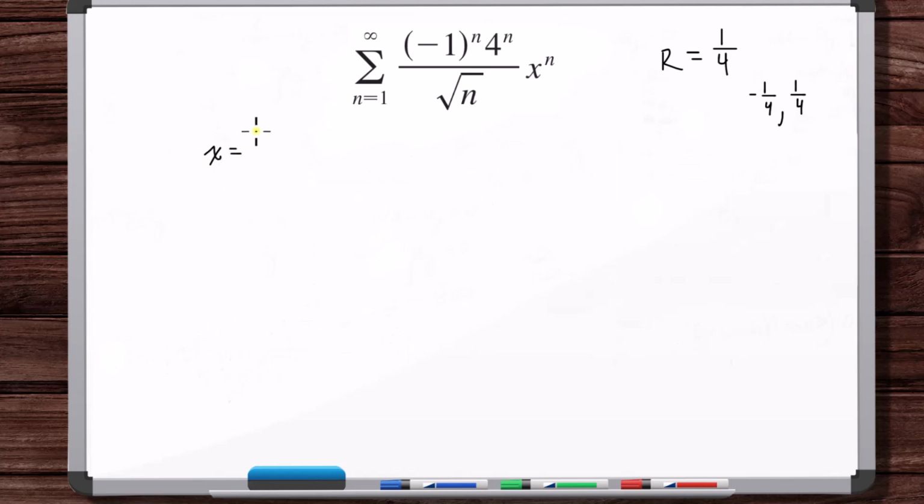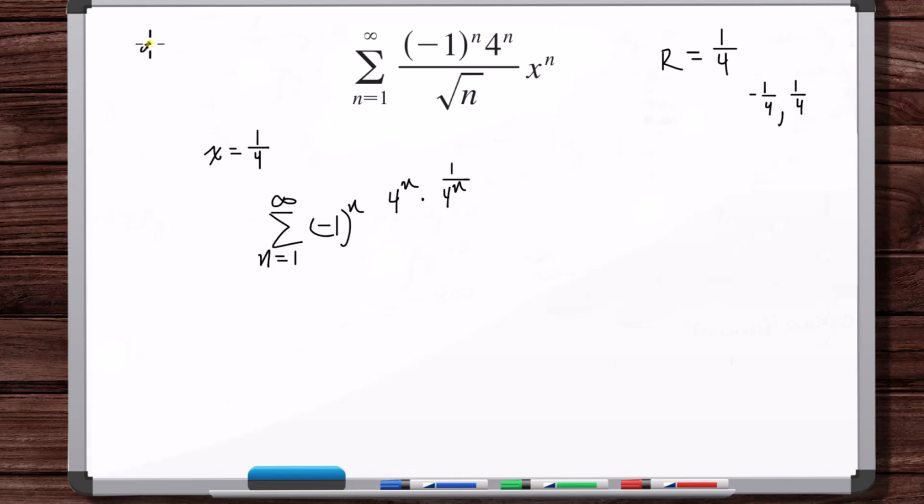Okay, when x is equal to 1/4, what do we have? You've got 4 to the n times 1/4 to the n. That's 1/4 to the n, right? You can distribute the n with properties of exponents, right?